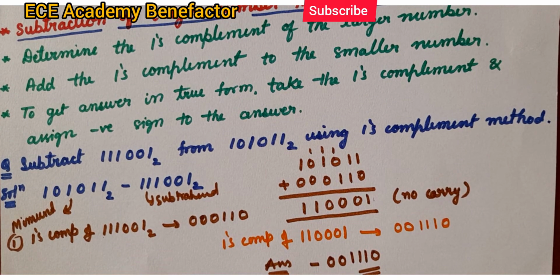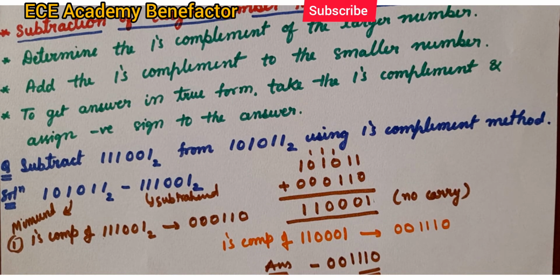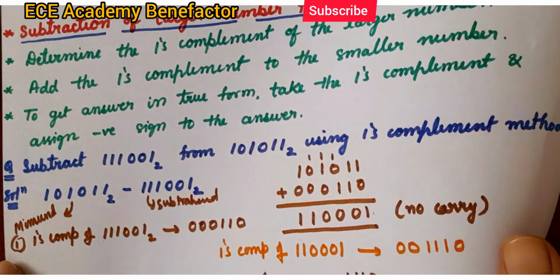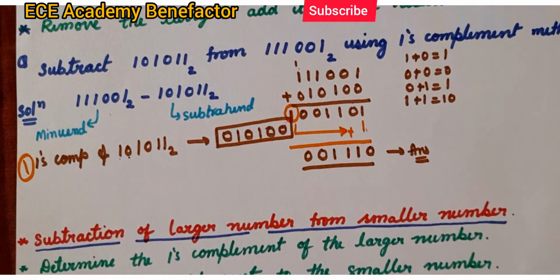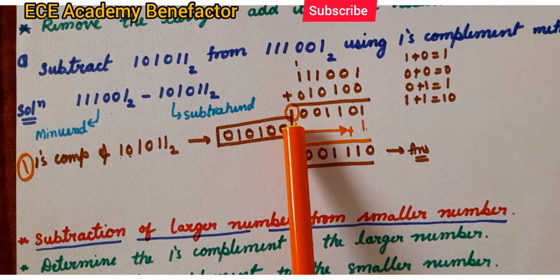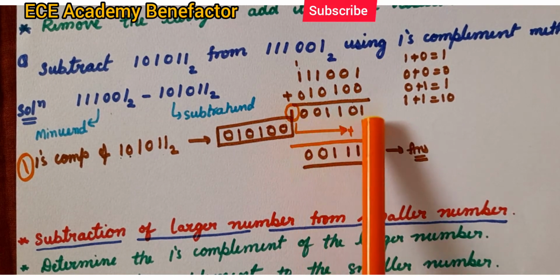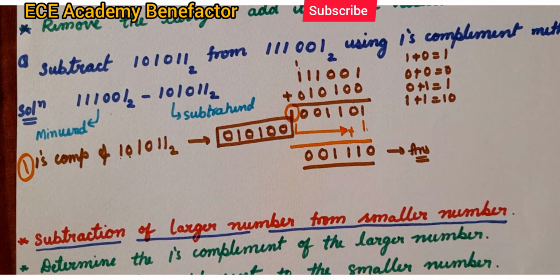So, we have seen two examples in this ones complement method. In the first example, a carry was generated, which is known as end around carry. What you have to do to this carry? You have to add that to the obtained result to get the final answer.